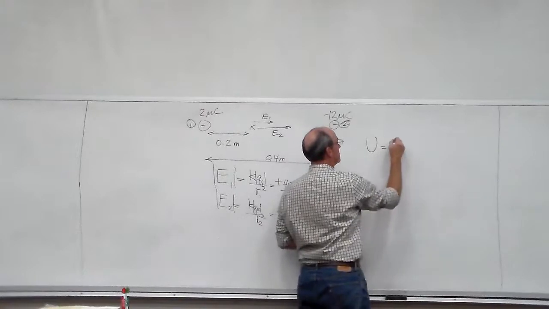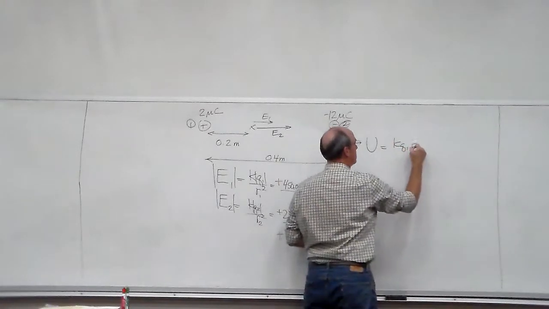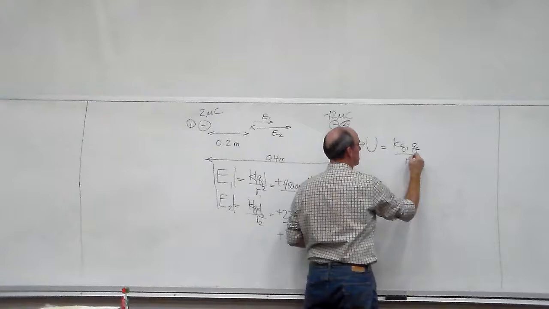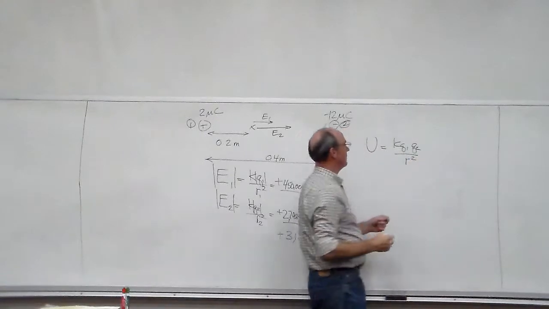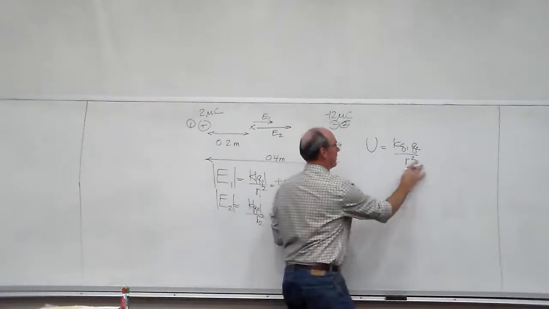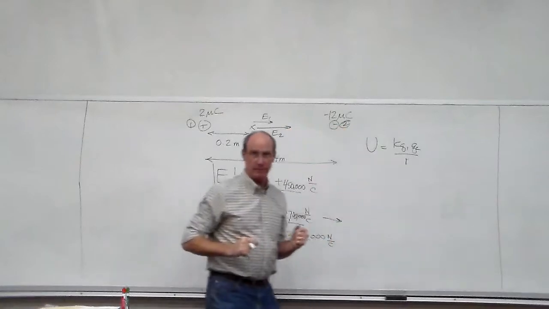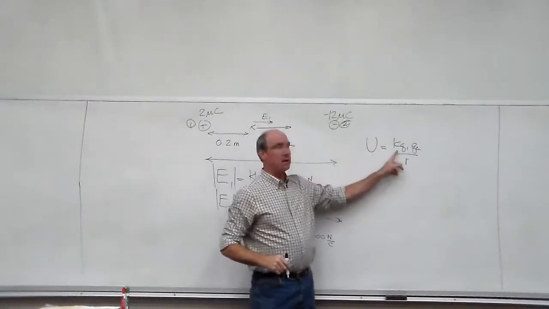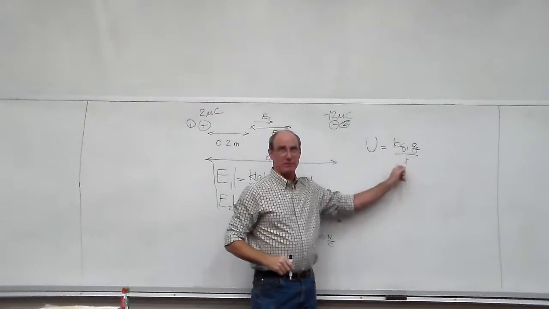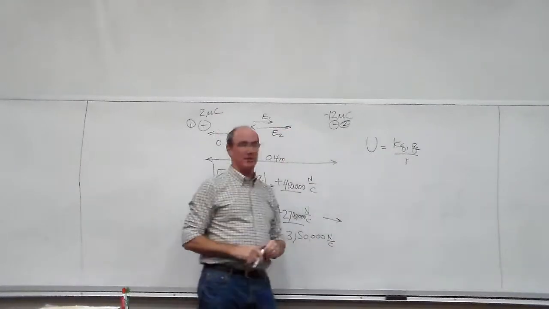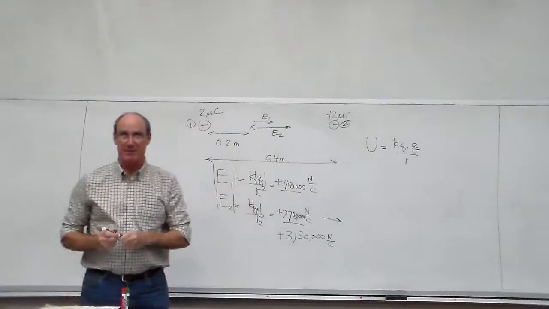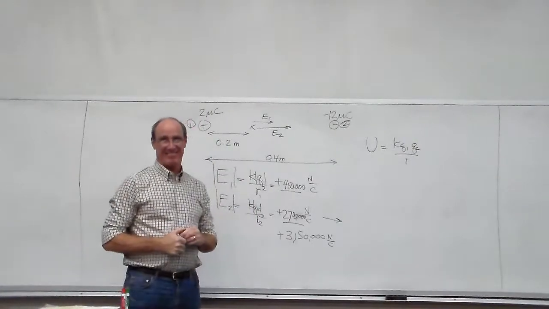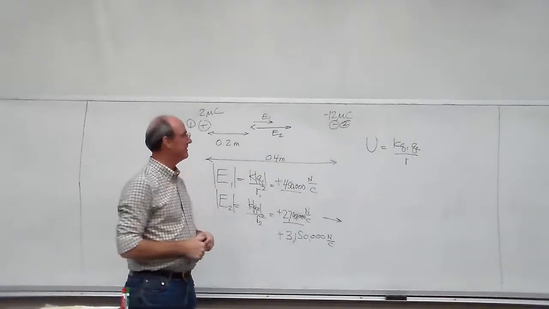So U equals kQ1Q2 over R, just R. That's a constant times a positive times a negative divided by R.